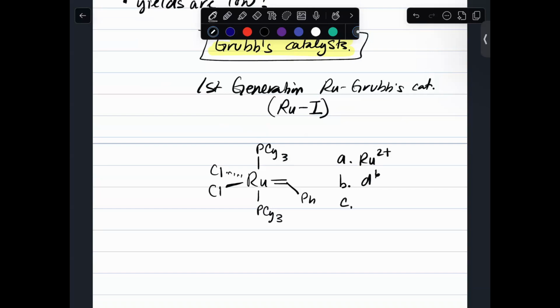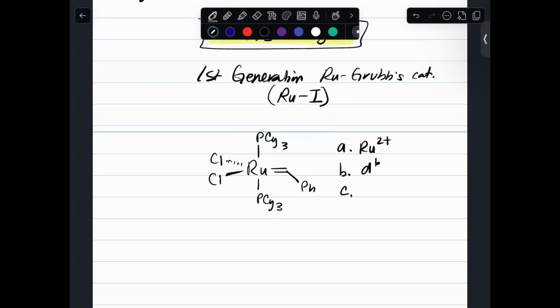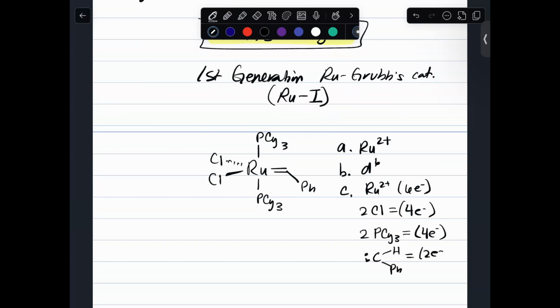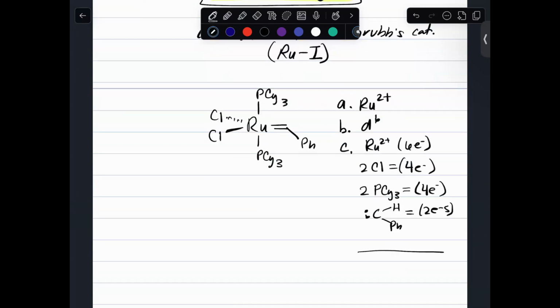The total electron count is, because ruthenium 2 plus has d6 electrons, and we've got 2 chlorides for 4 electrons, 2 phosphine groups for 4 electrons, and a carbene that's neutral for 2 electrons. There is a total of 16 electrons, so it is an unsaturated system.